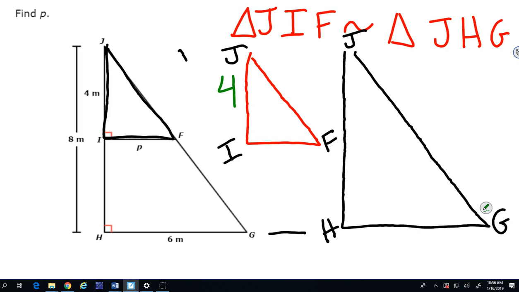What's the value of JH? 8, right? And then I know that HG is 6, and what I'm trying to find out is P. So now what you're going to do is write a corresponding proportion.